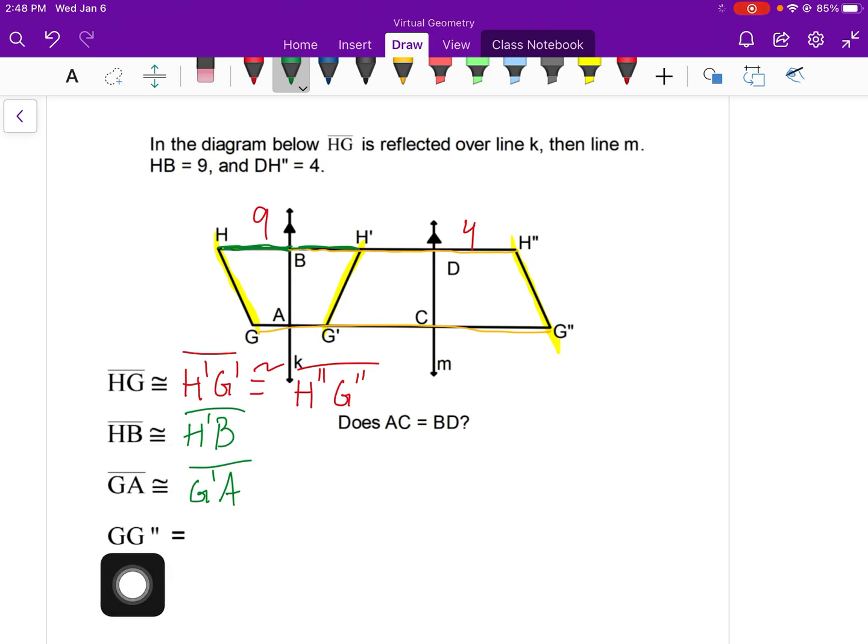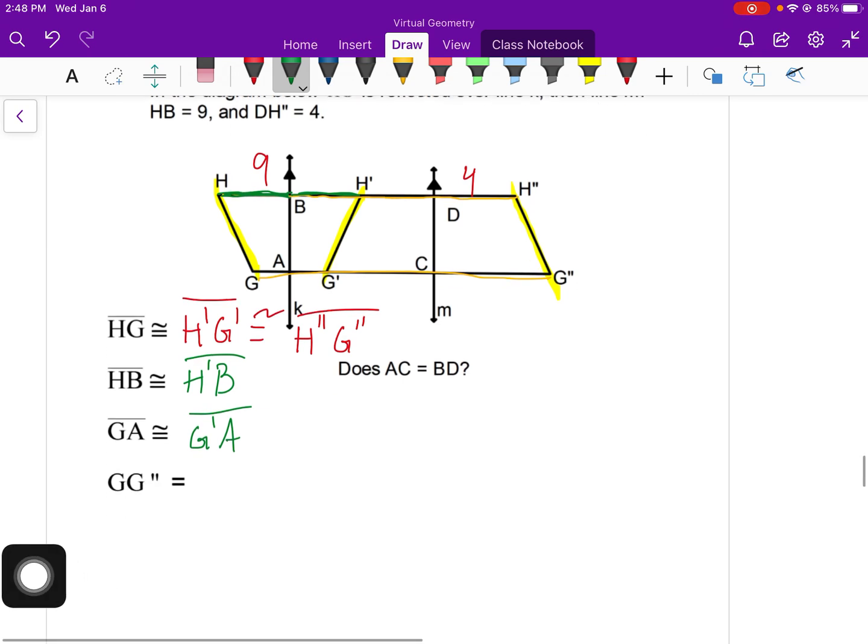And now for this next one, it says G double prime. That's a length. It says, what is the length? Well, it's the same length as H double prime. So from here to there is the same as from there to there, because we're doing a double reflection over those parallel lines. We're making a parallelogram is all that's happening.